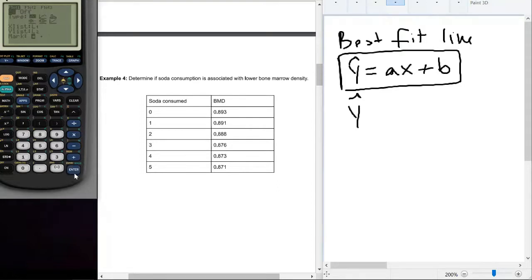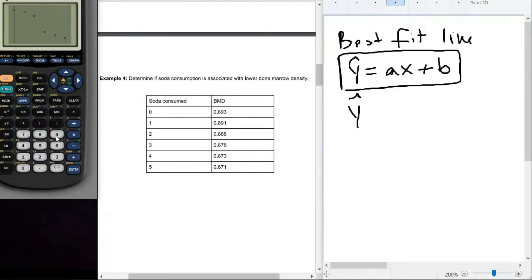Make sure that the type is on the scatter diagram, and if you have your data in L3, L4, make sure that the X list and Y list are entered accordingly in the calculator. Once you're done with that, you hit graph. Again, if you can't really see it, zoom number 9 will give you a better picture.